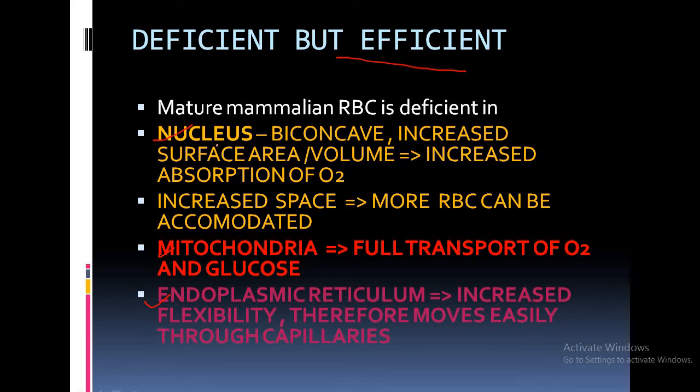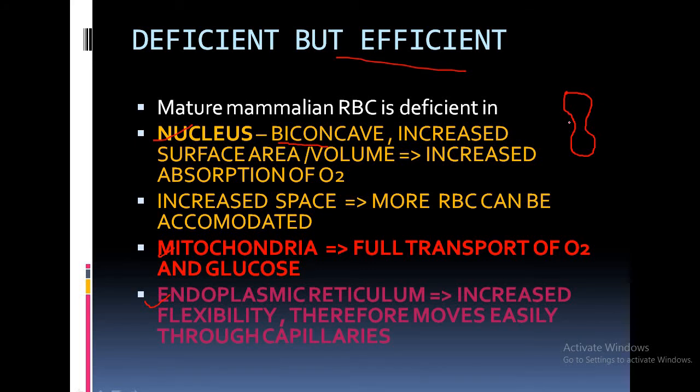Due to the absence of the nucleus, it will have a biconcave shape, due to which the surface area to volume ratio will increase, and that is why it will be able to transport or absorb more oxygen. This deficiency of nucleus makes the structure biconcave, because we know that the nucleus in an animal cell is centrally located.